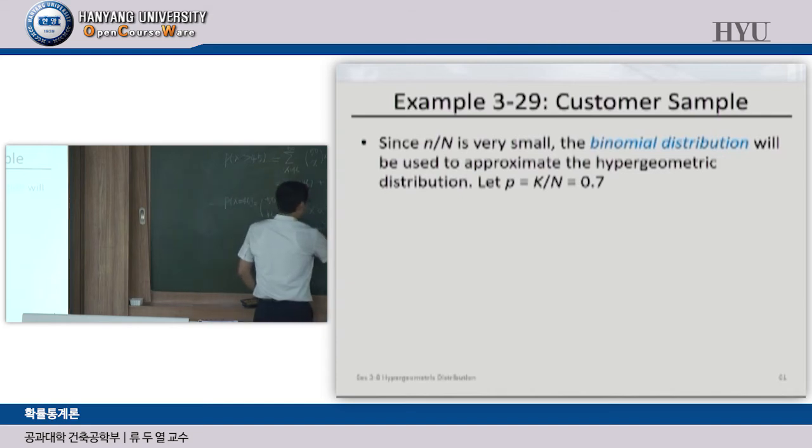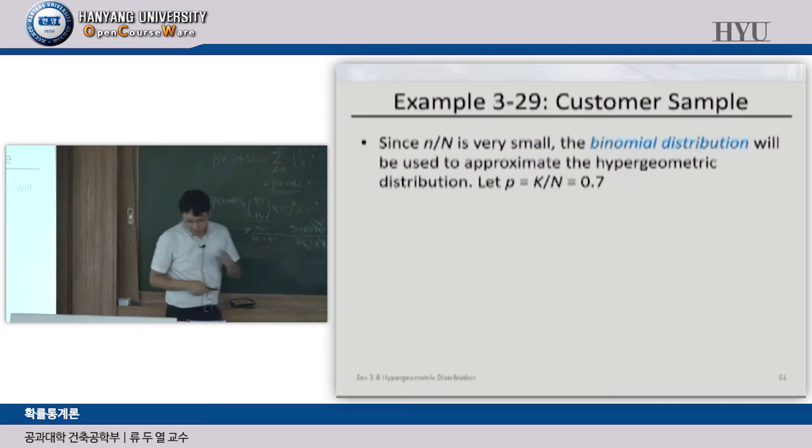So this will be 230,300 multiplied by 0.7 to the 46th power multiplied by 0.3 to the 4th power. So the answer will be 0.0014.